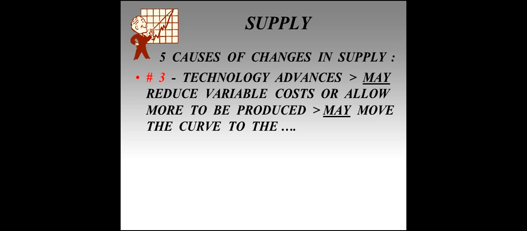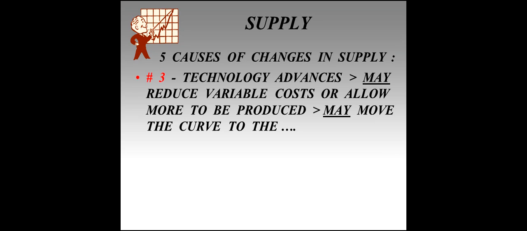For example, a manufacturer of a good brings in a new piece of equipment that does one or a combination of two things: allows more to be produced per hour, or in some cases, can replace human workers, which are more expensive, with a more efficient machine.